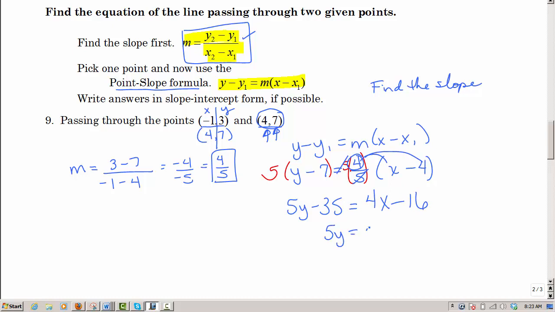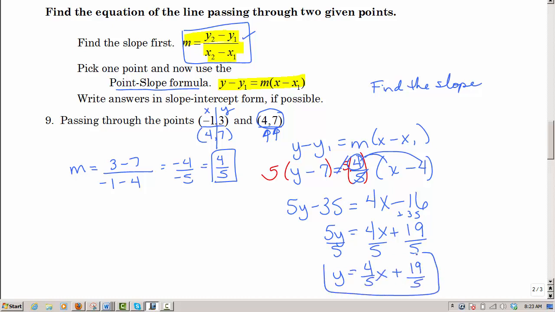And I'm going to add 35 to both sides. That's going to give me, what, a positive 19. Then I'm going to divide everything by 5. And there's my answer in that slope-intercept form.